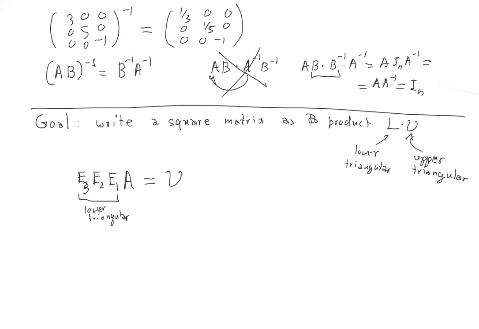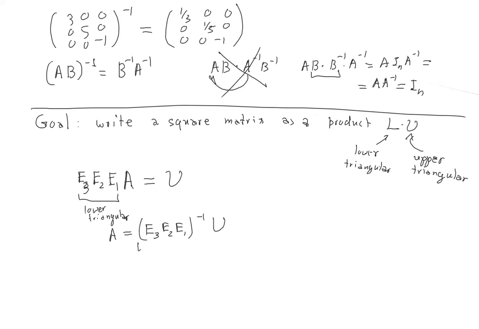Once you have made it upper triangular, as a product, this was just A, as a product, L times U. I'm sorry about my handwriting. So once you have written it this way, then you can have that A is E3, E2, E1 to the -1. So you multiply both sides by the inverse of that.